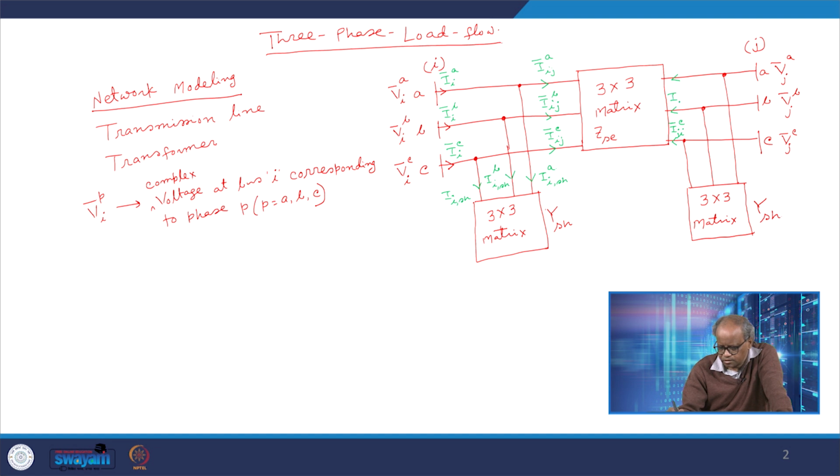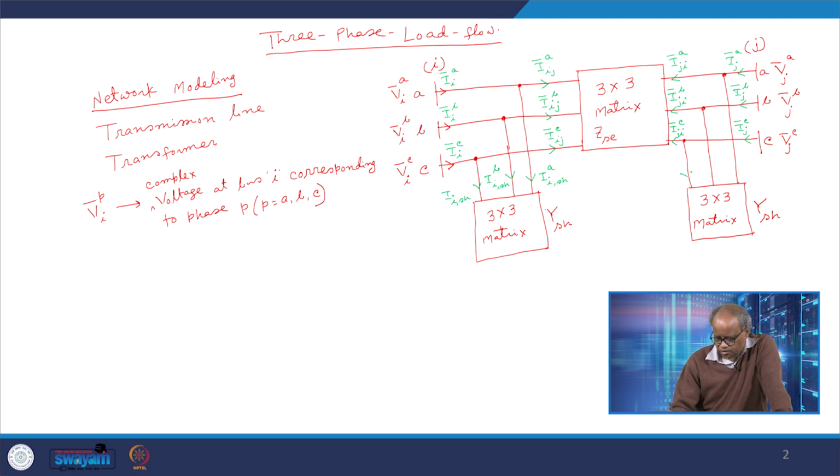This is IJIB. This is IJIA, corresponding to A. And I also have this current IJA. This current is IJB. This current is IJC.